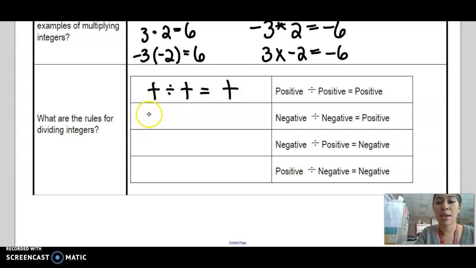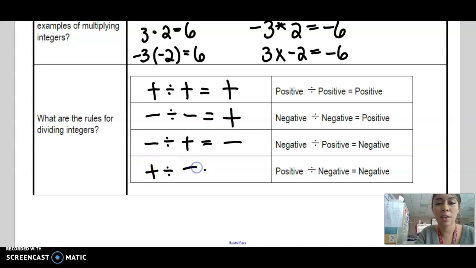If we divide a negative with a negative, you should also get a positive answer. Now, very similar to multiplication, if you divide a negative with a positive, the answer should be negative. And if you divide a positive with a negative, then you should get a negative answer.